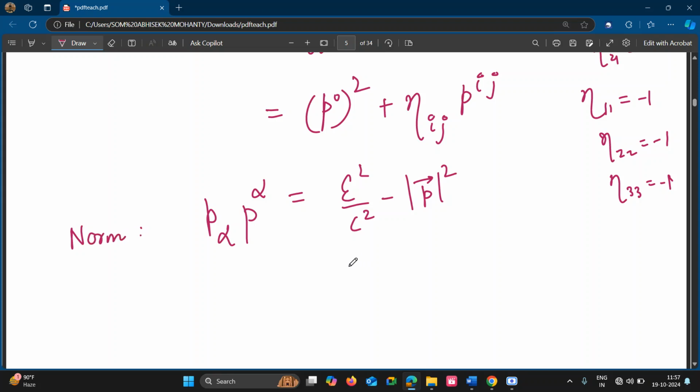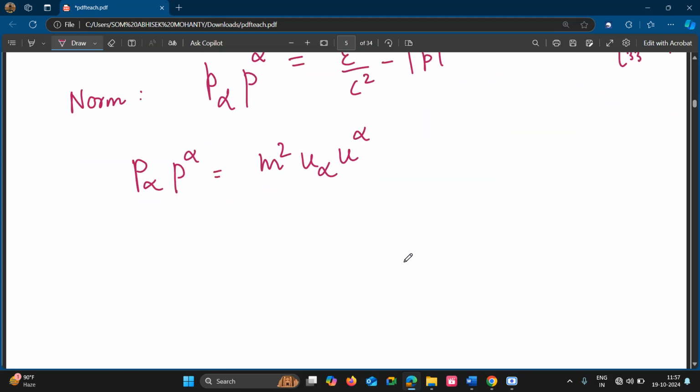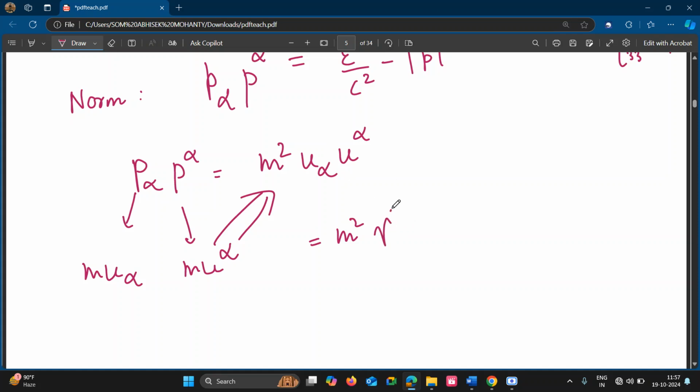If we expand it a bit, we can also do this. P alpha P alpha is equal to m square U alpha U alpha, because P alpha is m U alpha. And U alpha U alpha we know is gamma square (C square minus V square).